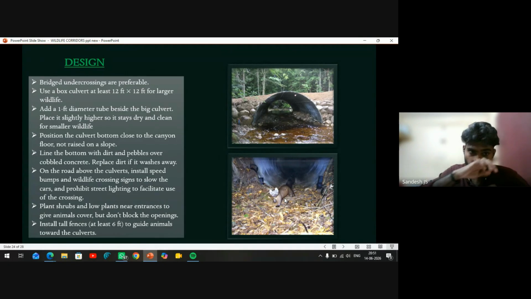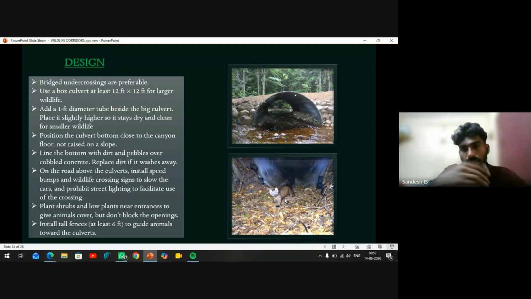pass through this corridor. For smaller wildlife, position the culvert bottom close to the canyon floor, not raised from the slope. It must be at the bottom line. Add some dirt and pebbles so that they mimic the natural environment. And on the road above the culverts, install speed bumps and wildlife crossing signs to slow the cars and prohibit street lighting to facilitate use of the crossing.